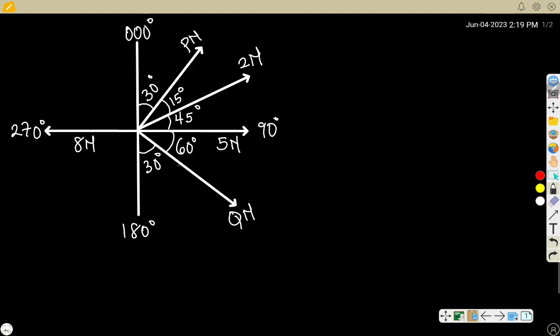If you are taking the angle to the vertical, then the vertical is cos, and it depends on the angle you are using.